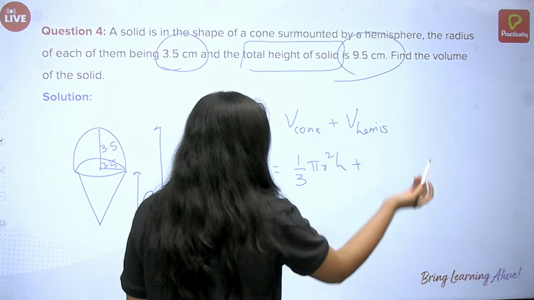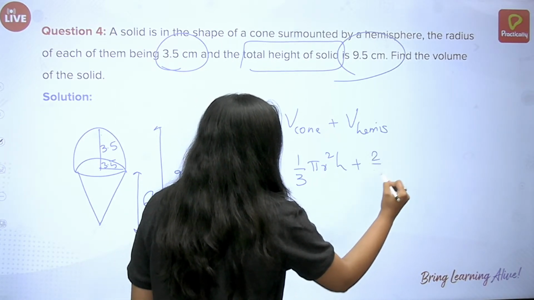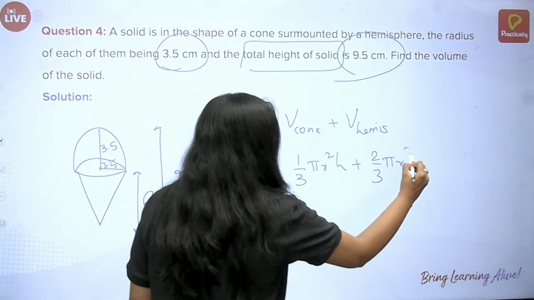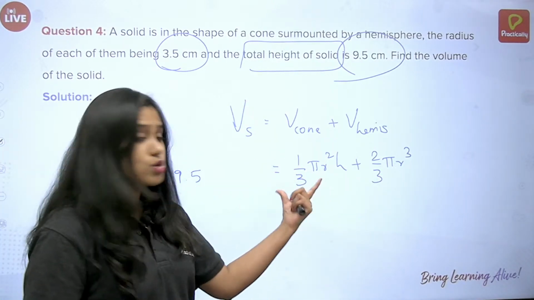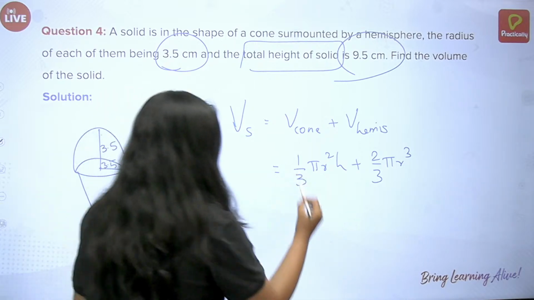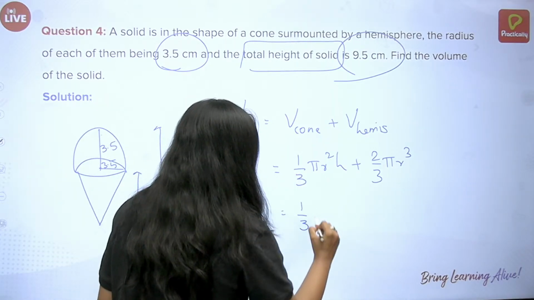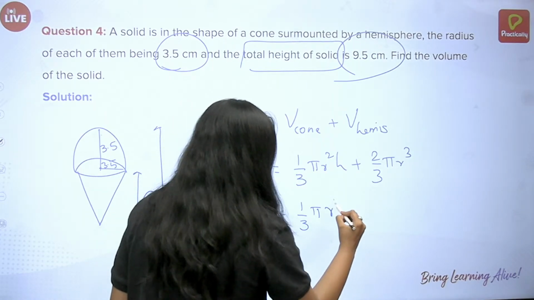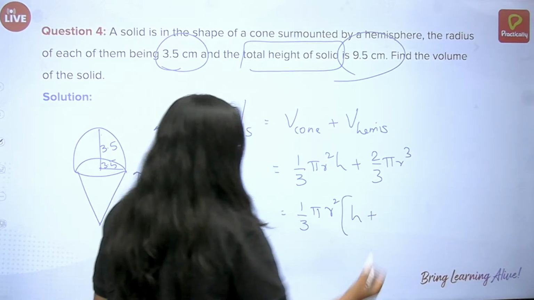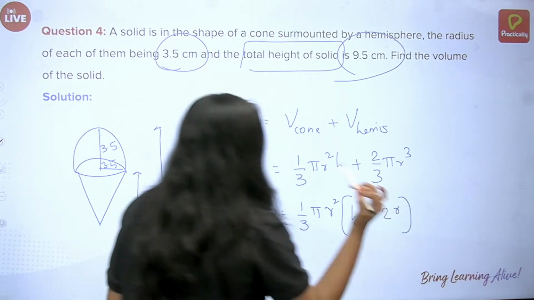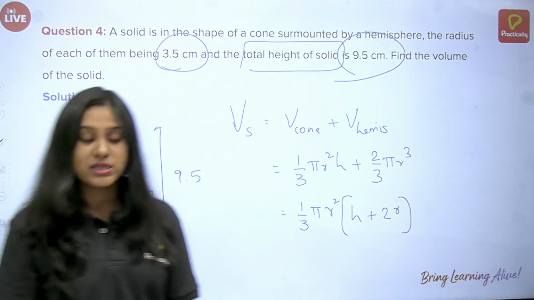Volume of hemisphere is how much? 2 by 3 pi r cube. Again, please do not solve them separately and add. You can take so many things common. So you can take 1 by 3 common, pi common, r square common. Correct? So we'll be left with h plus 2r. Now substitute the values and tell me the answer.